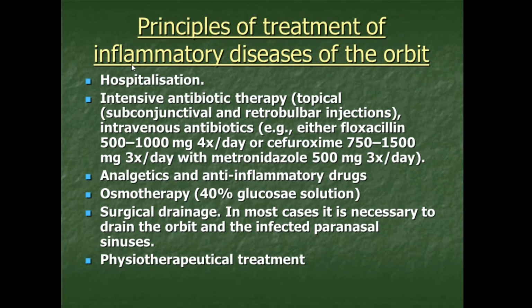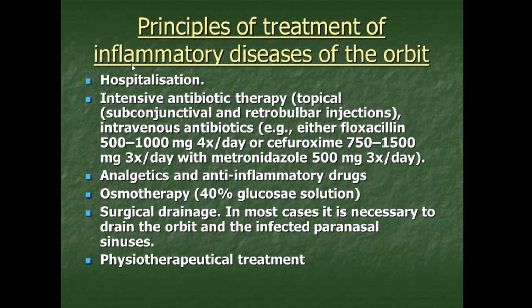And when we see a patient with orbital cellulitis, surgical treatment is necessary. It's necessary to make surgical drainage. And of course, we should send such a patient to the ENT doctor, to the dentist, to find the cause of this disease.